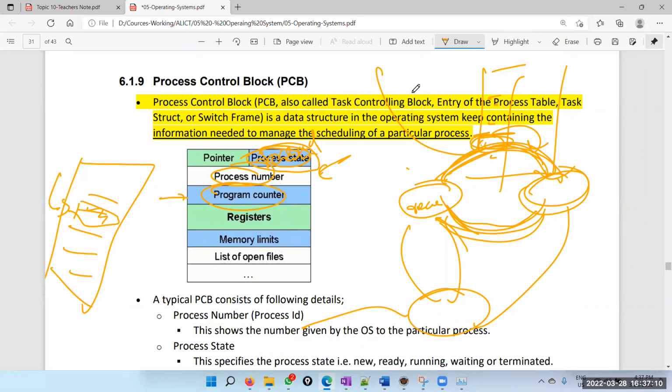So the program counter says what the last executed statement is, and therefore you take the next program statement.